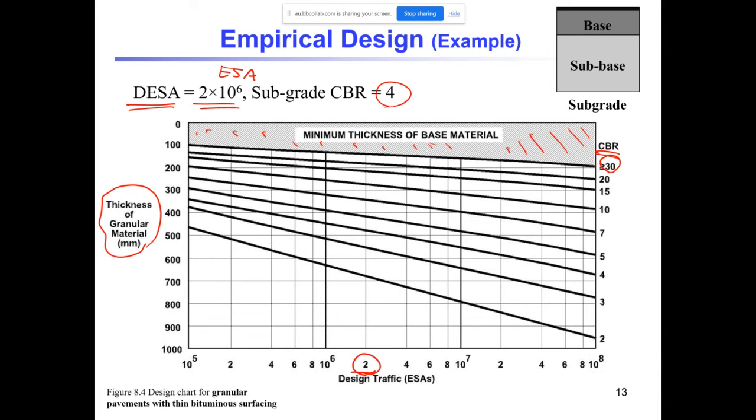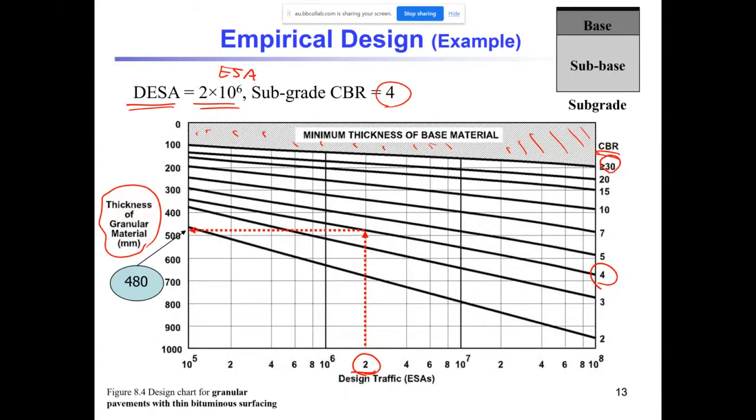So we know what the traffic is. It is 2 times 10 to the power 6. We know what the CBR value for subgrade is. You simply draw a vertical line until you reach CBR 4. Sorry, CBR is 4 for this example. And then you read the thickness.